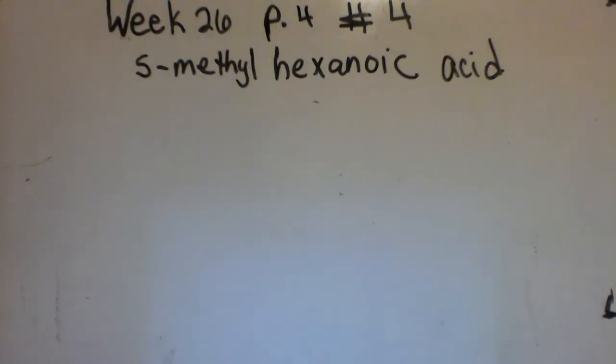Week 26, page 4, number 4: write the condensed structure for 5-methyl hexanoic acid. Now, an acid with the oic ending and then the word acid, we know is a carboxylic acid, and we know that that has a functional group of COOH.